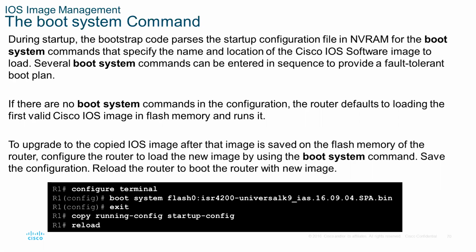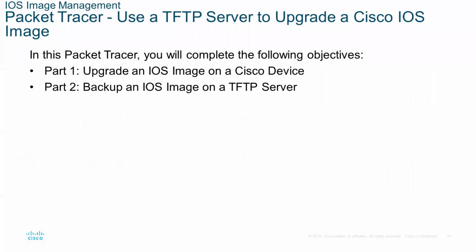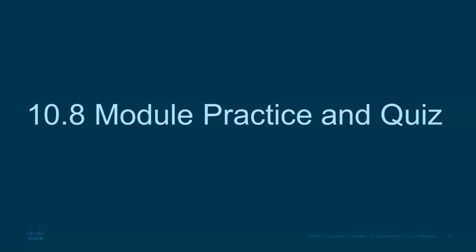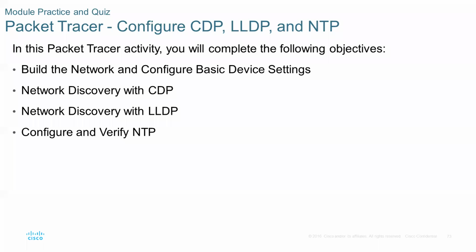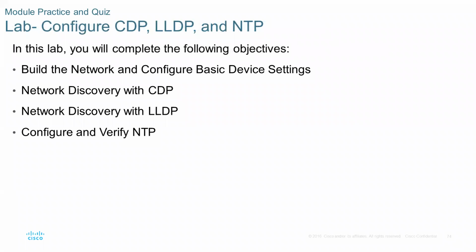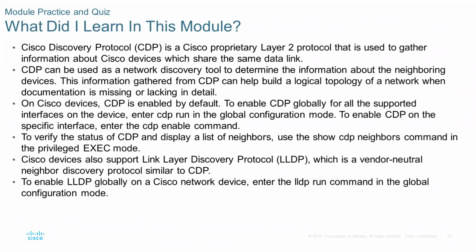Instead of pointing it to the flash, we can point it to the TFTP server, just to make things interesting. Another Packet Tracer activity for you to do. There are quite a few Packet Tracer activities to do in this module, and a few corresponding lab exercises.